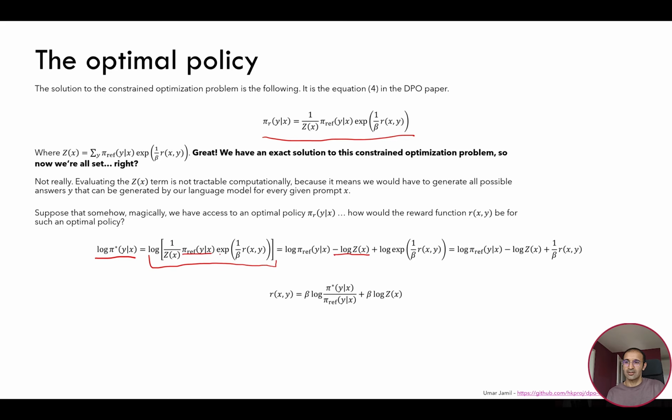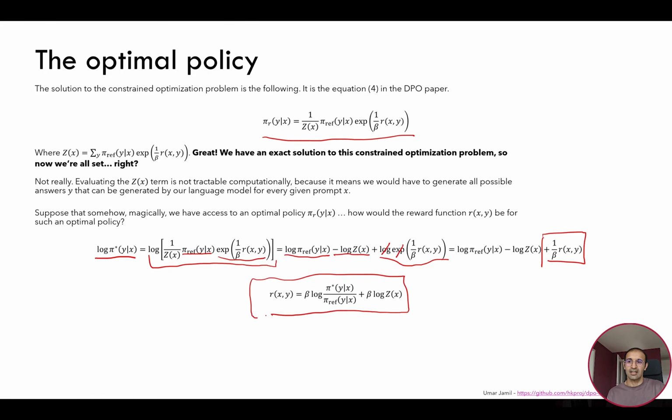This one is in the numerator and this one is in the numerator, so they become sums of logs, so this one plus this log here. Then the log and the exponential can cancel out because they're inverse functions. So this allows us to isolate this r of x, y term with respect to all the other terms, and we can write it like this.